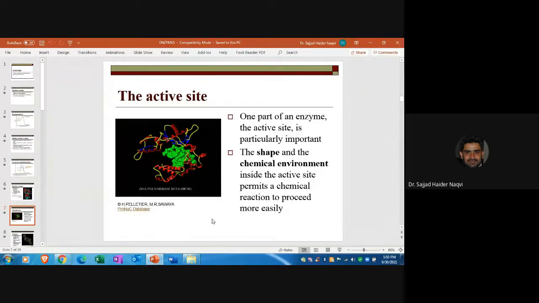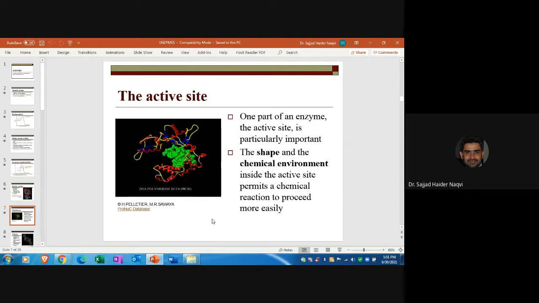So enzymes are proteins, and definitely they have a proper 3D structure. In that 3D structure, they have specific sites called active sites. These active sites are of particular importance.